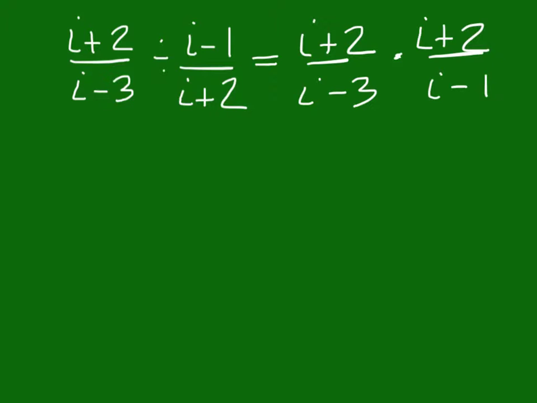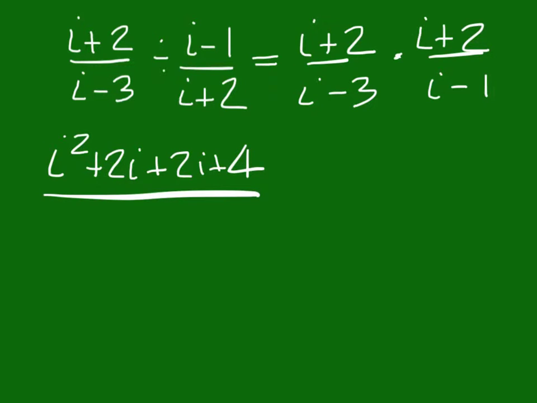On the top, you end up with i squared plus 2i, and then plus 4. On the bottom, you end up with i squared minus i minus 3i plus 3, and simplify from there.